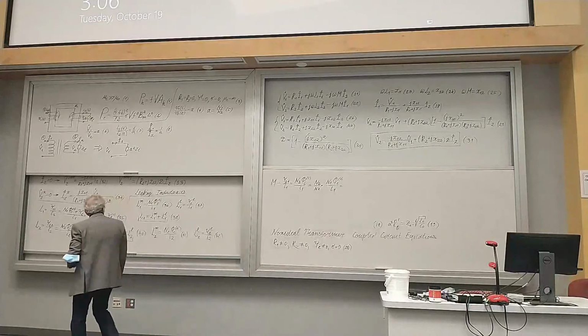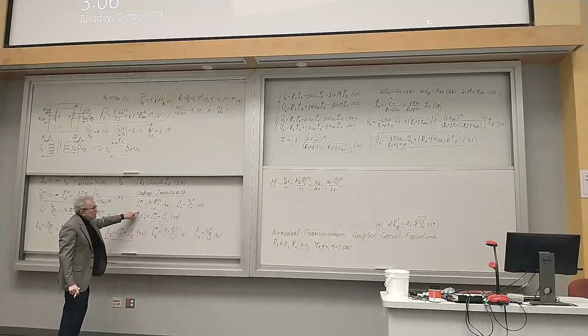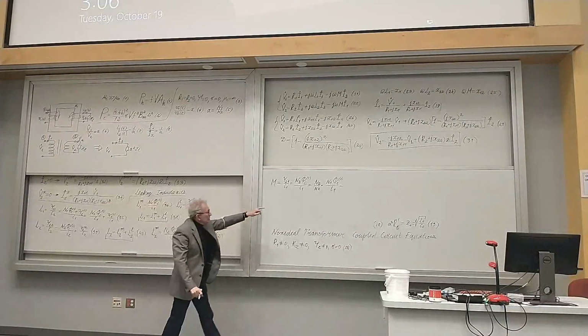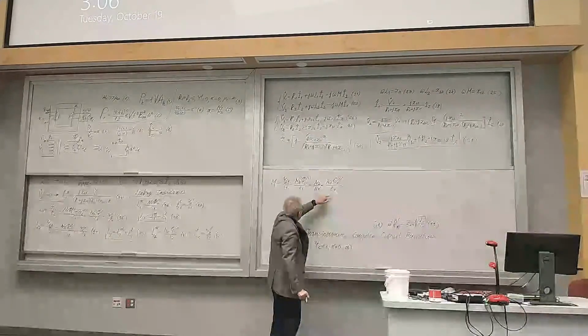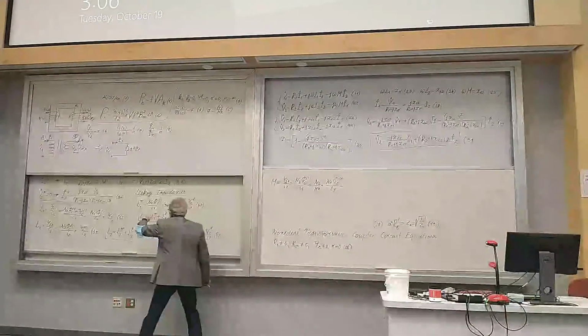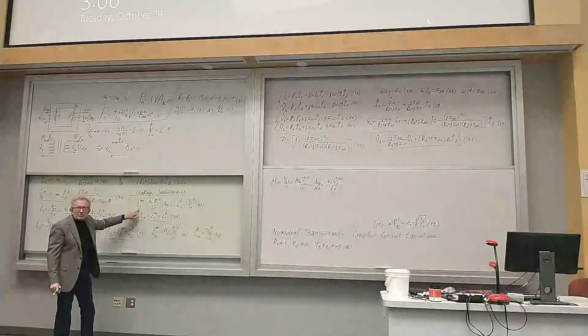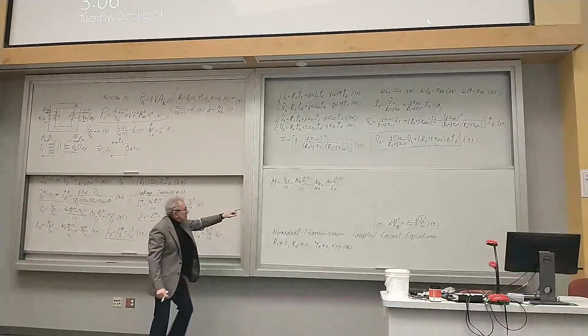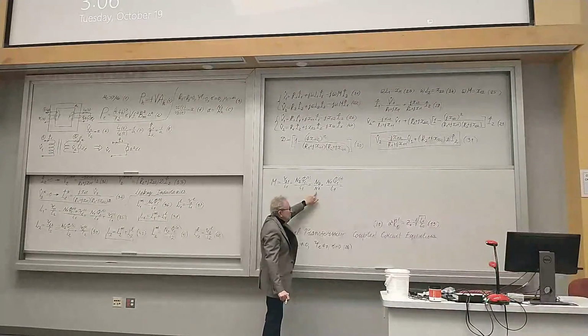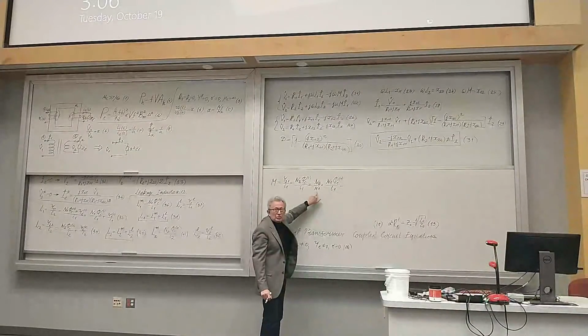And then I will go to this formula. You can see the second factor here is nothing else than the main inductance of the primary winding. And this ratio is nothing else than the reciprocal of the turns ratio.